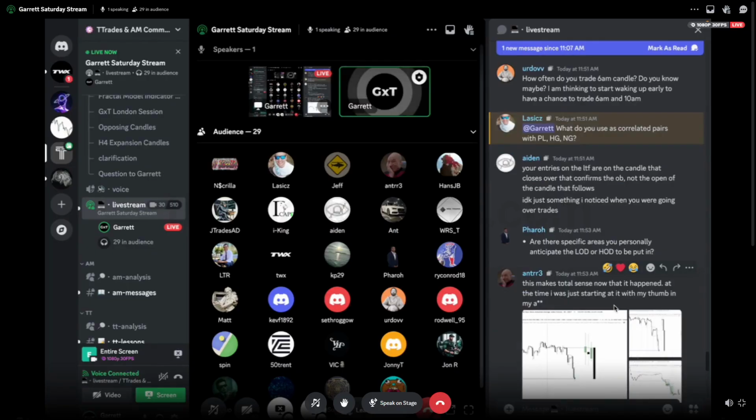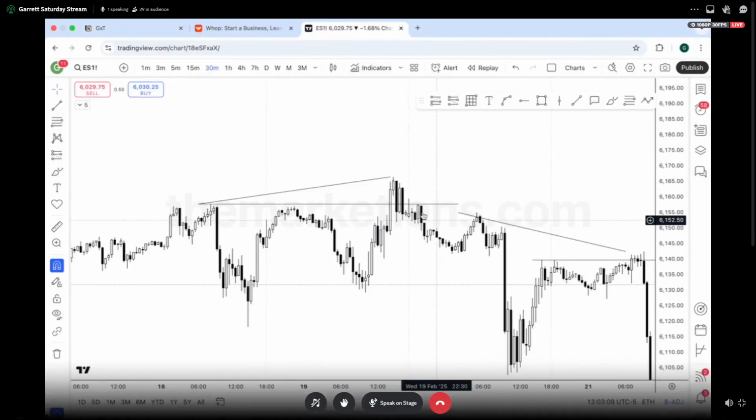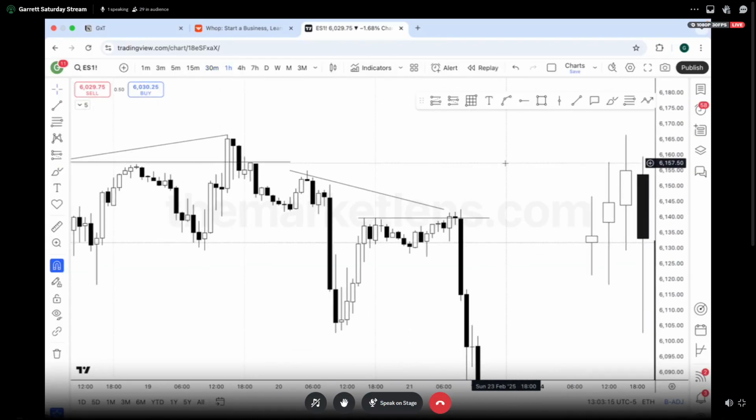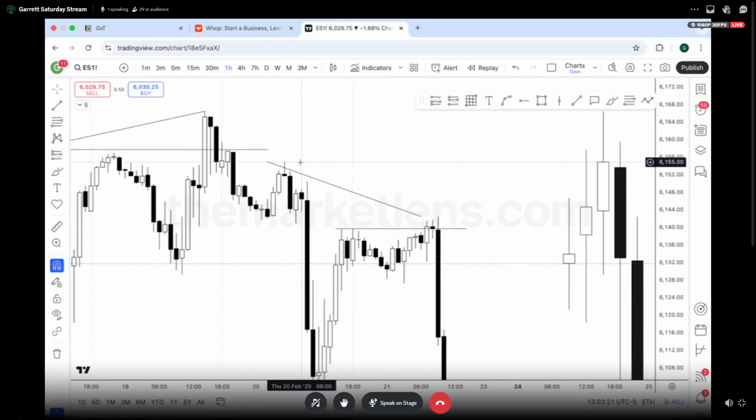Are there specific areas you personally anticipate? Oh yeah, for sure, like relevant levels. Not every single day, but you can have an idea already where the daily candle should reverse from. If this is going to be a bearish day, it will reverse from this high, right? Because if we come up here, it doesn't make sense to do it, especially at a key time.